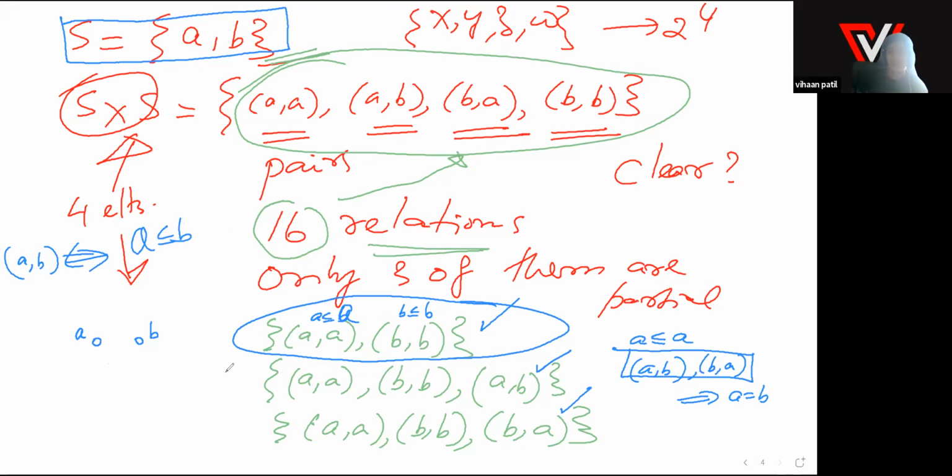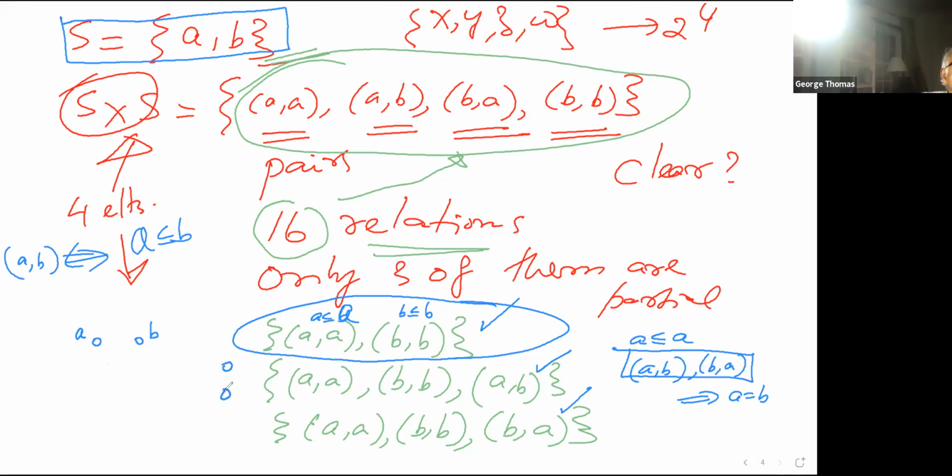How about this? Suppose I drew this. This will be B. This will be A. How about this one? Will it have the same shape?